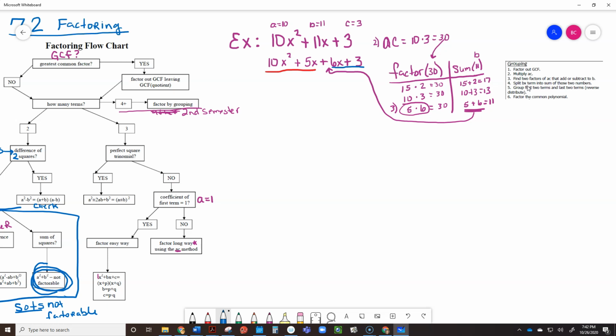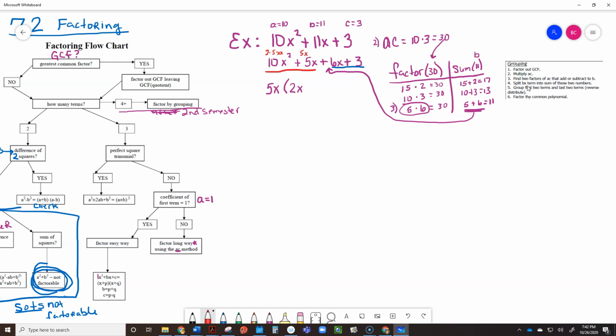So these two terms right here, I'm going to factor out a GCF from these two. It looks like they both have a 5x. Remember, factoring out a GCF means undistribute. So 10x squared, if you pull out a 5x, that's going to leave you a 2x. If you're not understanding what I'm doing, 10 right here is 2 times 5 times x times x. That's what 10x squared is. And this right here is going to be 5 times x.